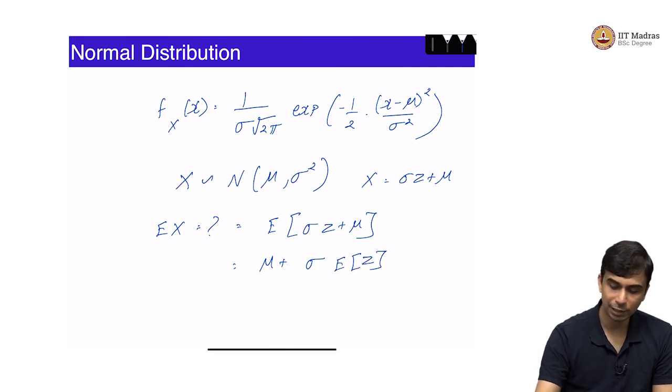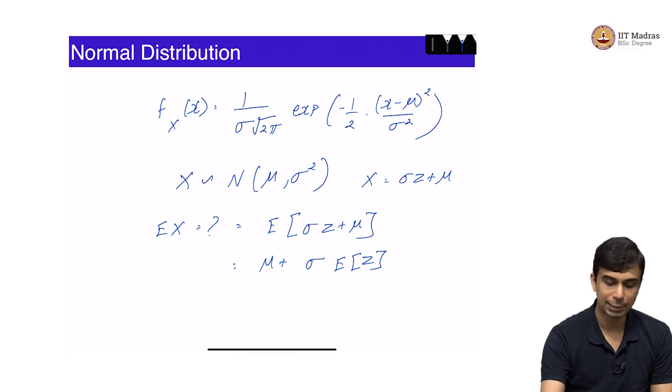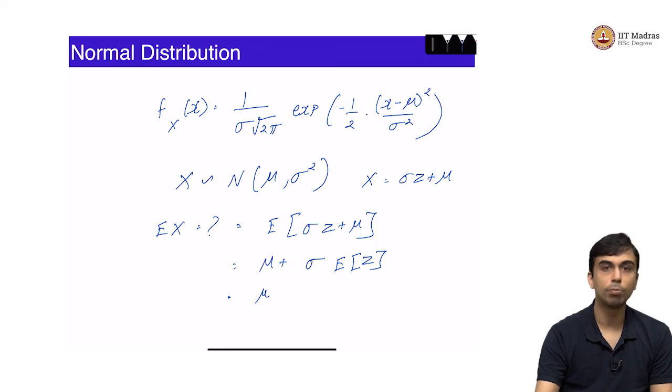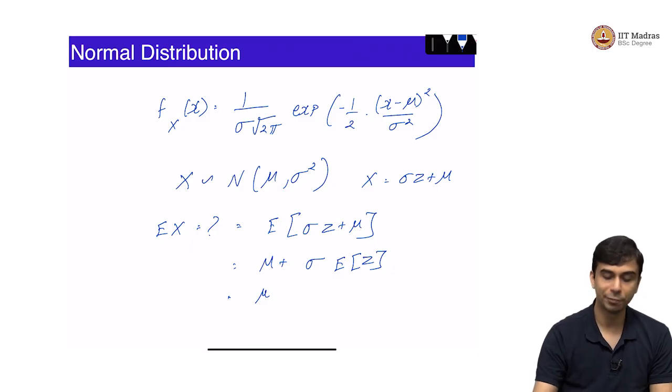What is expected value of z? This is pretty easy because z is actually a symmetric random variable around 0. So, expected value of z is equal to 0. So, this is equal to mu. So, if you have a normal mu, sigma squared random variable, the mean is mu.